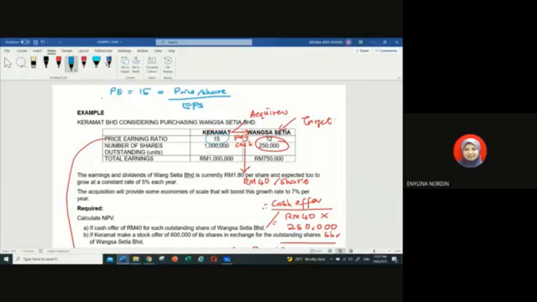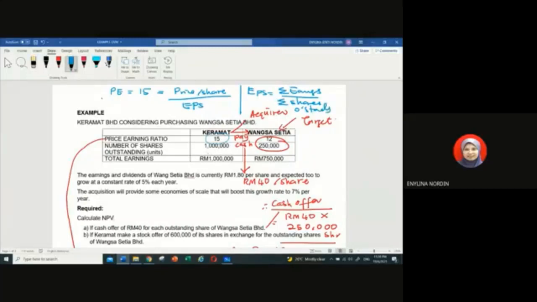So how are we going to determine the earning per share for Keramat? Same as what we did for Wangsa, earning per share equals total earnings divided by total shares outstanding in Keramat. So what is the total earning?